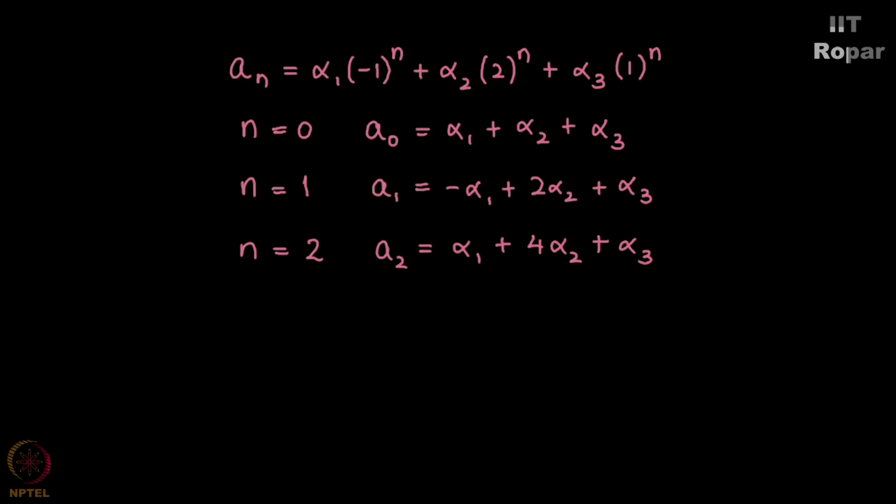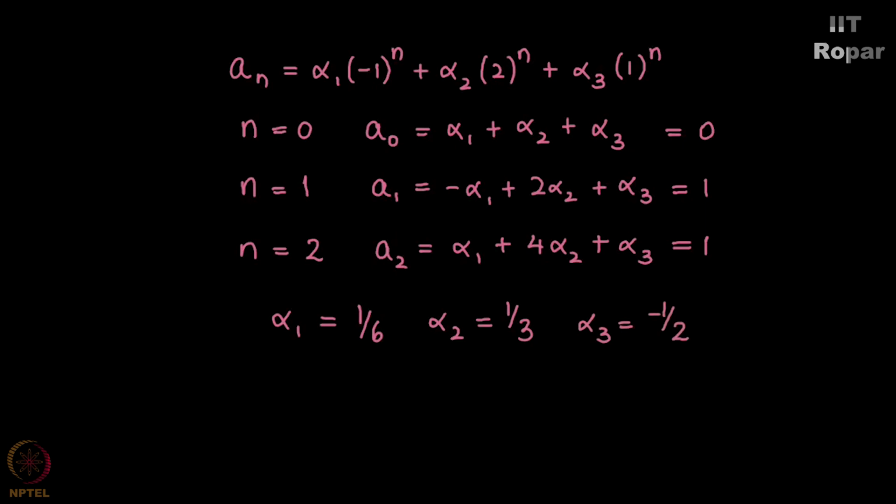From the given initial conditions, we know that a0 is 0, a1 is 1 and a2 is also 1. Now, solving these three simultaneous equations, by whichever method you want, using the method taught in school, you can find out that alpha 1 is 1 by 6, alpha 2 is 1 by 3 and alpha 3 is minus 1 by 2.